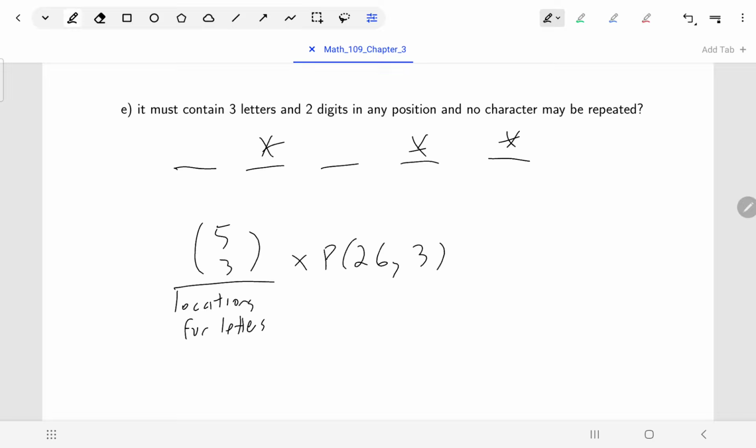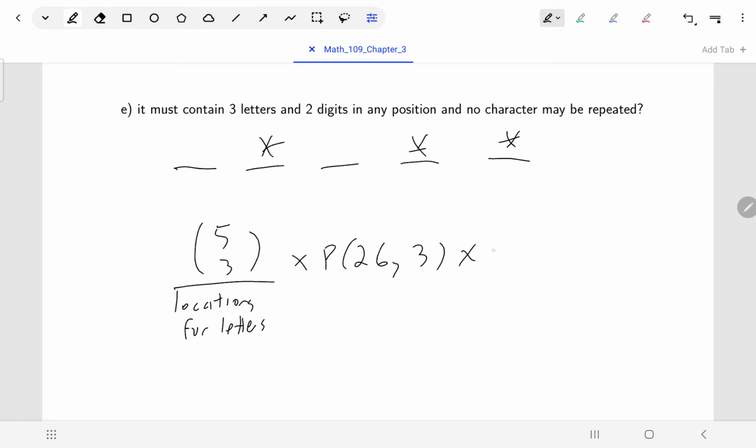And similarly for the remaining 2 positions, again, we don't need to choose where the numbers are going to go because we already know where the numbers are going to go. Once we've chosen where the letters go, then the 2 remaining positions, those are the positions for the numbers. So now I'm just slotting in those 2 numbers, and I could say 10 choices for here and 9 choices for there, or I could use a permutation to do all the work for me and say, well, you have 10 different numbers, and you're going to need to select 2 different ones and then put them in some sort of an order.